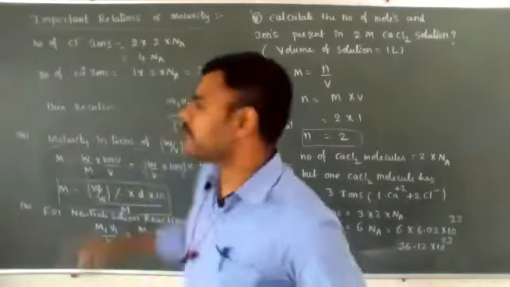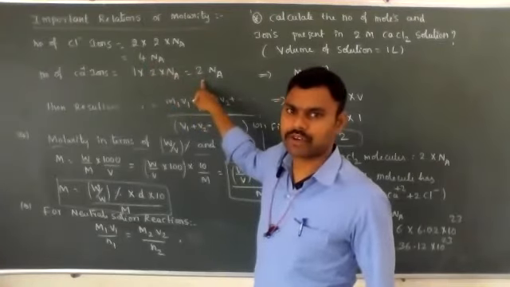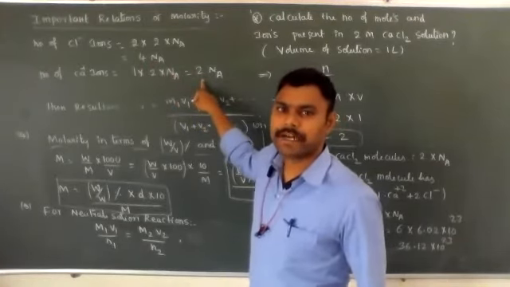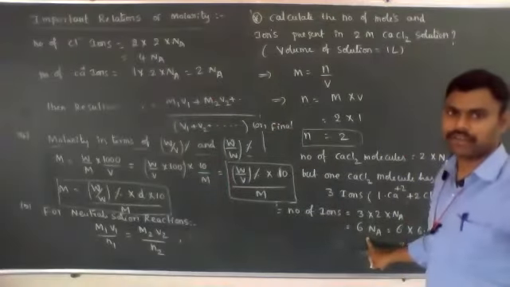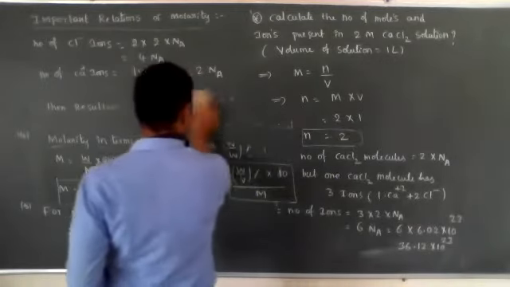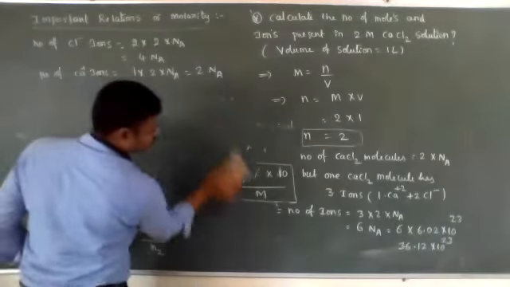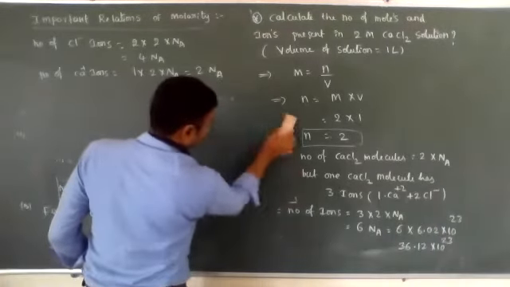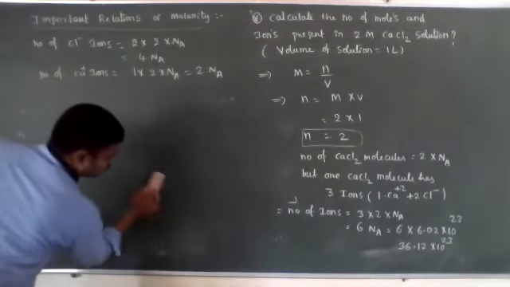So individually the number of chloride ions is equal to 4 Na, the number of calcium plus 2 ions is equal to 2 Na, but the total number of ions is equal to 6 Na. Okay, clear?